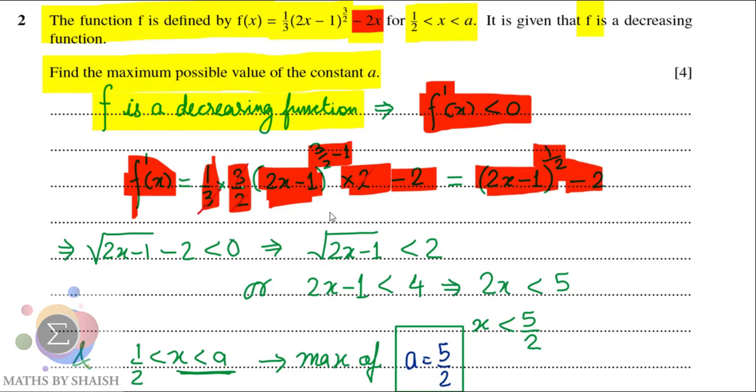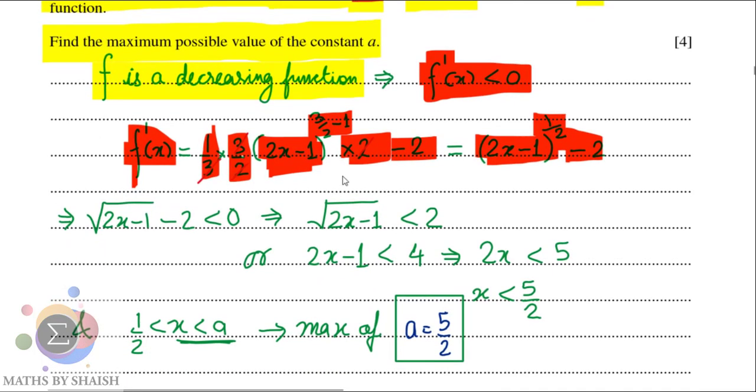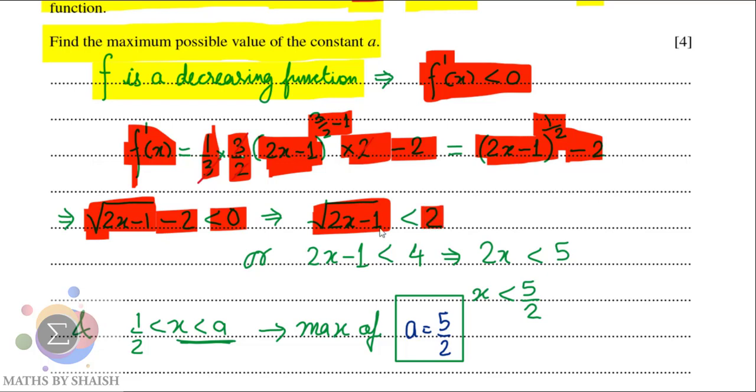And when we simplify after cancelling all the values, we get (2x minus 1) to the power half minus 2. Here we calculate this, because f dash x is less than 0 for a decreasing function, so the power half is a root, root minus 2 is less than 0, so I transfer this minus 2 here, it becomes root of (2x minus 1) is less than 2, and after squaring both sides, we get 2x minus 1 is less than 4, from where we get 2x is less than 5, and that's what x is going to be less than 5 by 2.